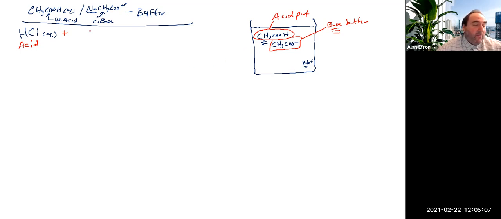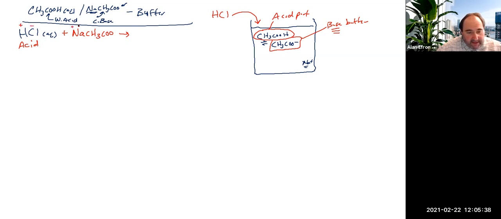So what's going to happen when I dump my HCl into here, it is actually going to do a chemical reaction with the acetate part that's in the solution. It's going to basically react with the sodium acetate, which is the base part of our solution. And when it reacts with that, we will get an acid-base reaction or a double displacement reaction, however you want to think about it.